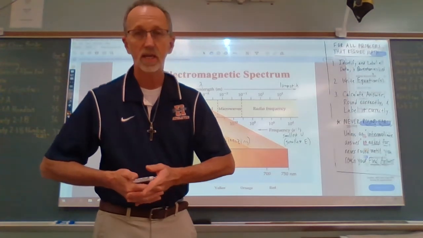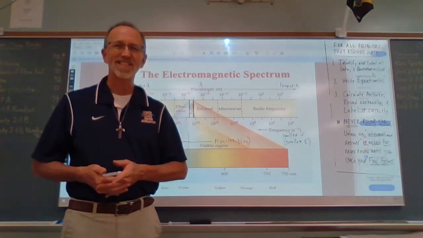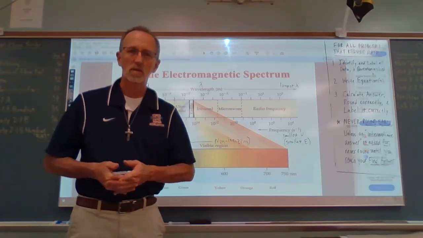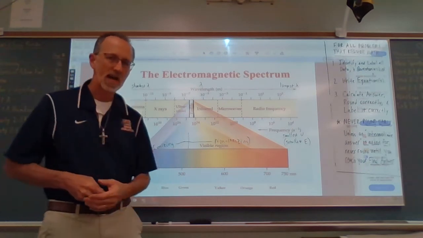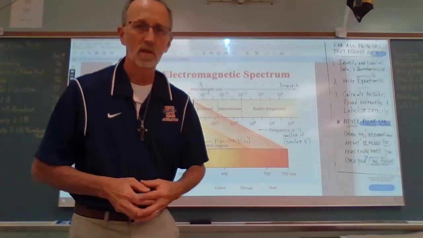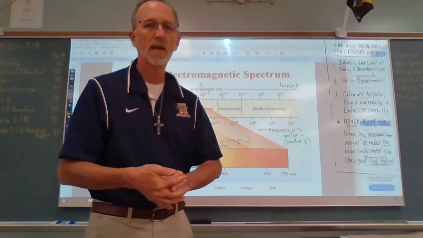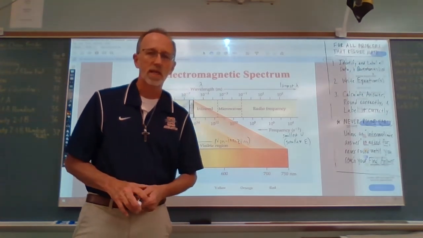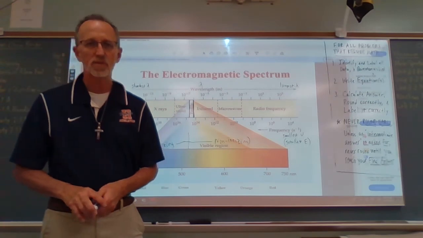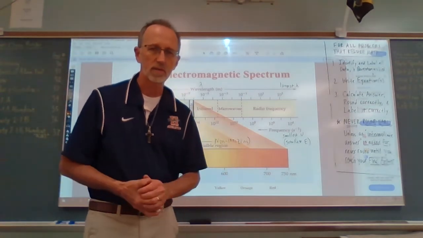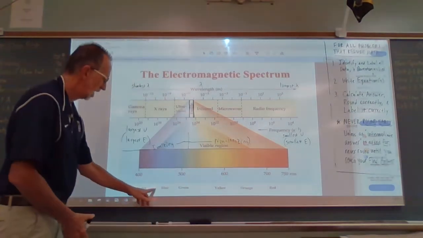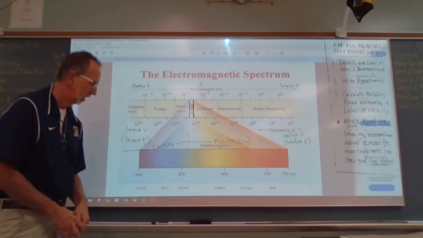We all call it indigo, but being able to distinguish the color indigo as compared to just a mixture of violet and blue, for some people, it's impossible. For others, they say, oh yeah, there it is right there, indigo. All right, but it's a tough call. And so it's not universally recognized, but it's no big deal. Whether it is or it isn't, it's right in here somewhere between violet and blue.